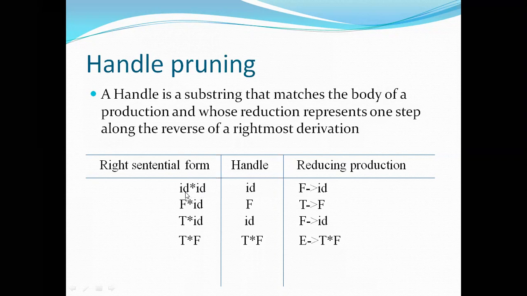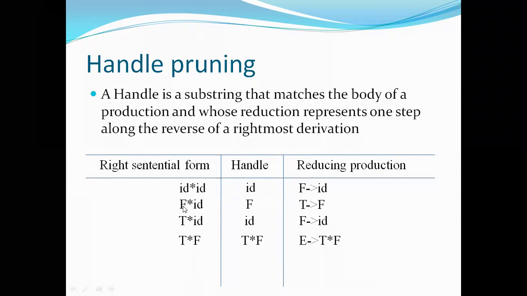We are considering one substring ID, so that is placed in handle. That is the substring of the given input string, so that is called the handle. And this ID is replaced with capital F. So this is the reducing production. F is production with ID. So F is replaced here.